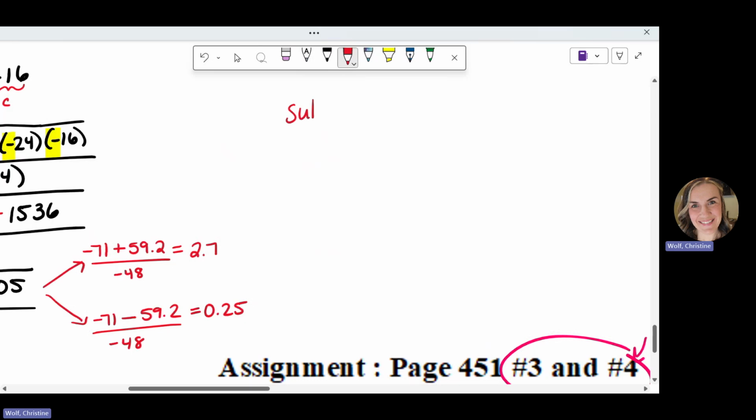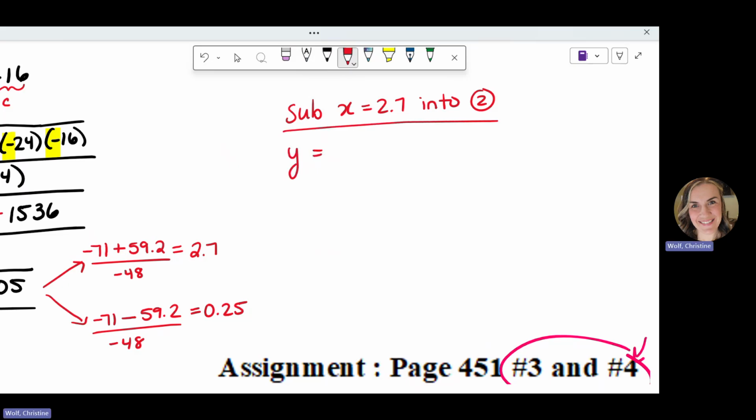Okay, so I'm going to take the first x I got, which is 2.7, and I'm going to sub that into the easier looking equation. I would say they're equally annoying. The first one has a fraction, the second one has a square. I'm going to go into number 2. But you do you. All right, y equals negative 3. Open up that bracket. I have a 2.7 squared plus 8 times 2.7 minus 1. Okay.